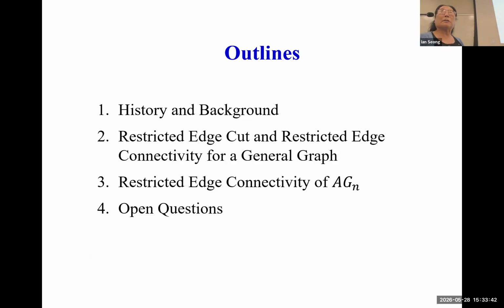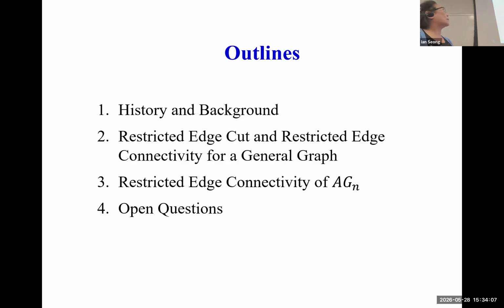So I'm going to give a little history and background on the alternating group graphs, built from the group of all even permutations, that's A sub n. And then the second topic, restricted edge cut and restricted edge connectivity. That's defined for all general graphs.